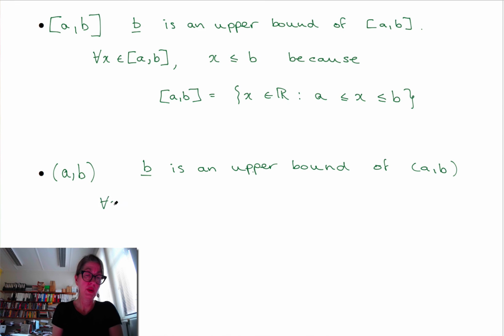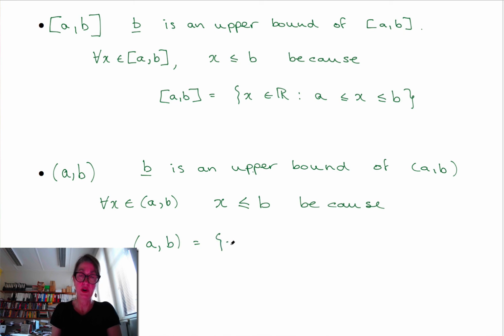For all x in the open interval (a, b), x is actually strictly less than b, but we can say it's less than or equal to b, because (a, b) equals, by definition of the open interval, the set of x's in R such that a is less than x is less than b.